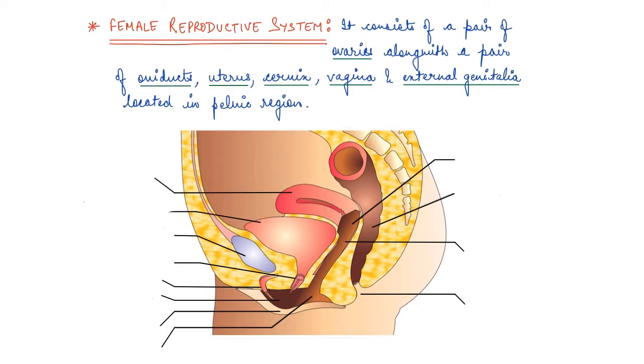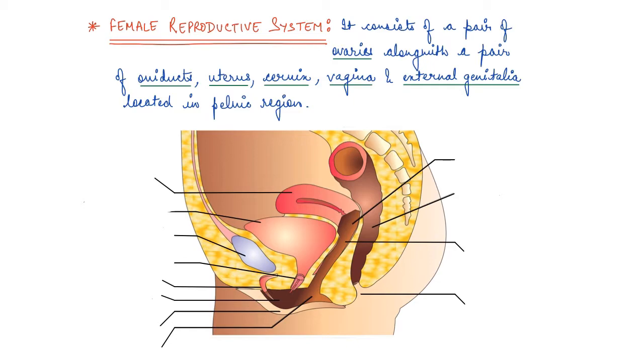Okay, so let's start with the female reproductive system. Now, the female reproductive system consists of a pair of ovaries along with a pair of oviducts, right? Then uterus, cervix, vagina, and an external genitalia. All of these parts are located in the pelvic region.